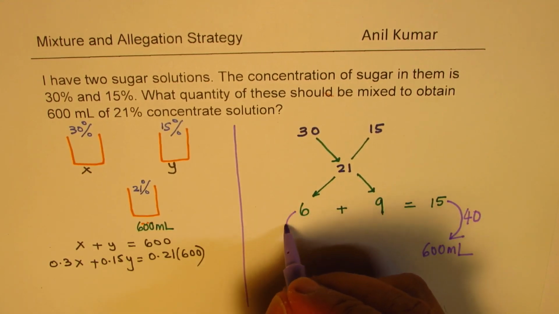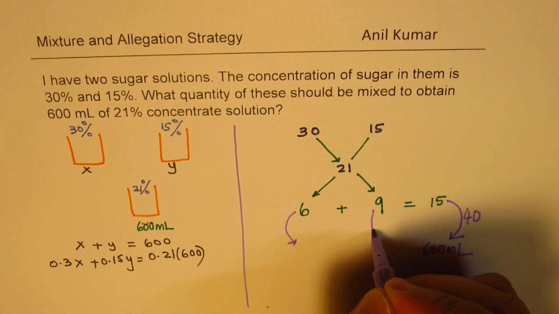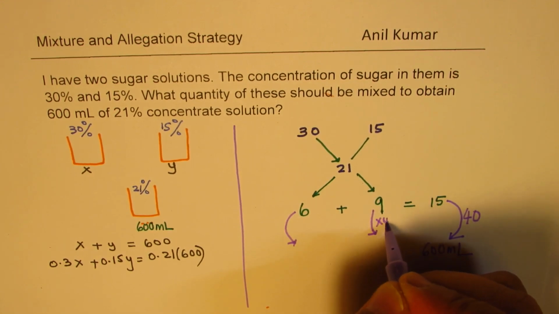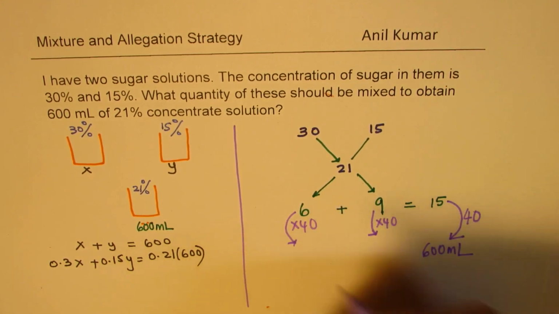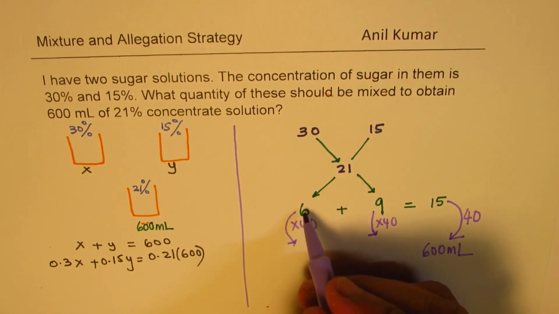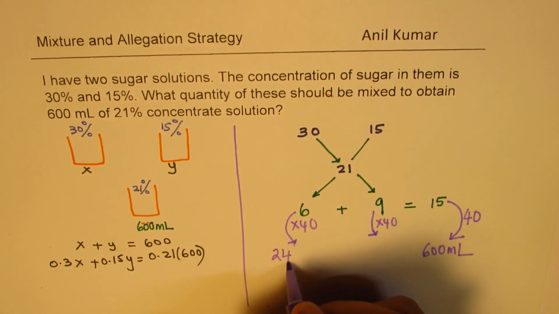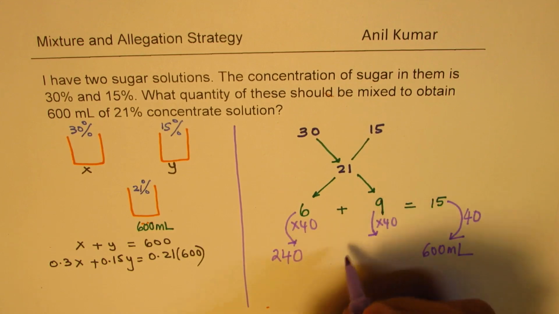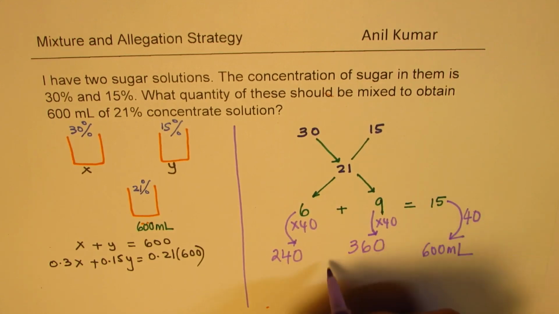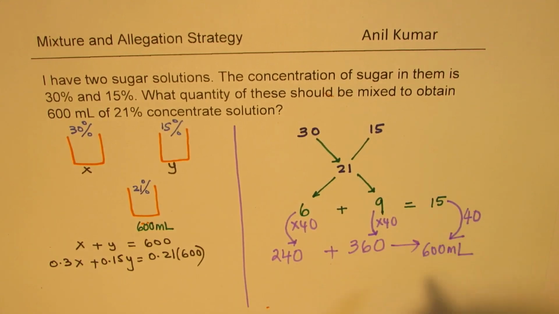That means I should multiply this and this by 40 to get my answers. So 6 times 40 is 240, 9 times 40 is 360. When added, it will give you 600 milliliters of the concentrate solution with 21% concentration.